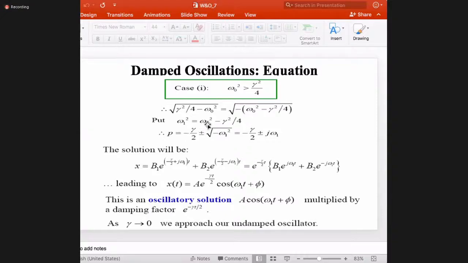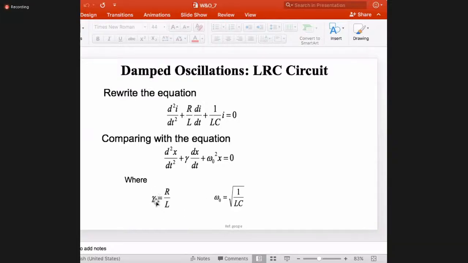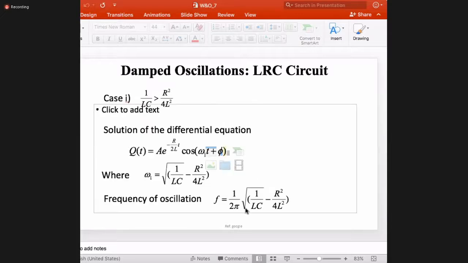In the case of an LRC circuit, we have a specific value of omega naught and a specific value of gamma, that means R by L. If we have an LRC circuit, we know the value of L and R, so we can find the value of gamma, and we can also find the value of omega naught if we know L and C. So if we put it in omega 1, omega 1 is equal to root over omega naught square minus R square by 4L square. So this is our angular frequency.